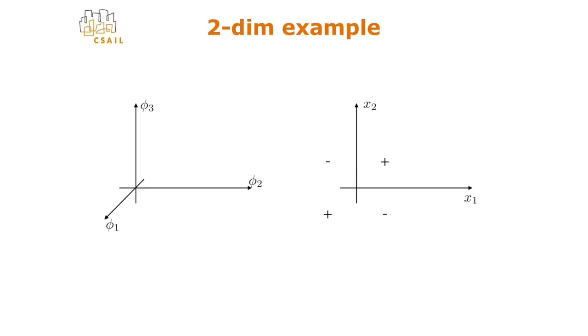Let's take one more example here. I have now x that lives in two-dimensional space, and I've plotted here 4 points that are not linearly separable. So we cannot find a linear classifier in the original x1, x2 coordinates that would correctly classify these examples. But I can map this now into a higher-dimensional space.